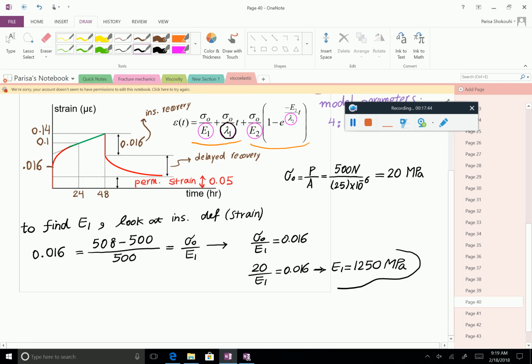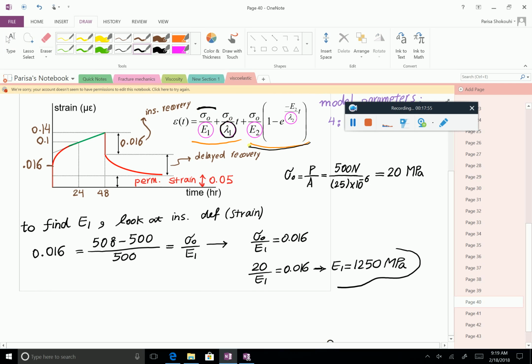We should remember that the elastic deformation due to the spring in the Maxwell model and due to the Kelvin model, they are going to recover. So the only part which doesn't recover is actually the viscous deformation due to the dashpot in the Maxwell model.